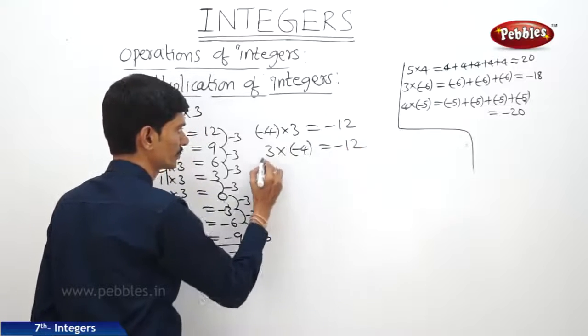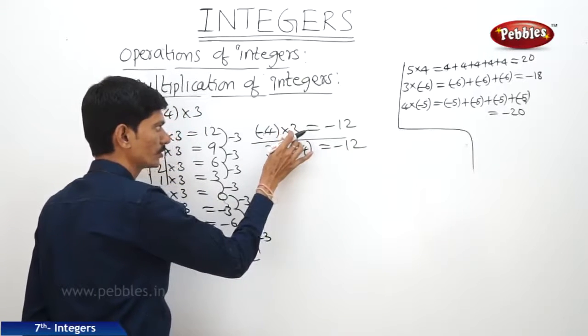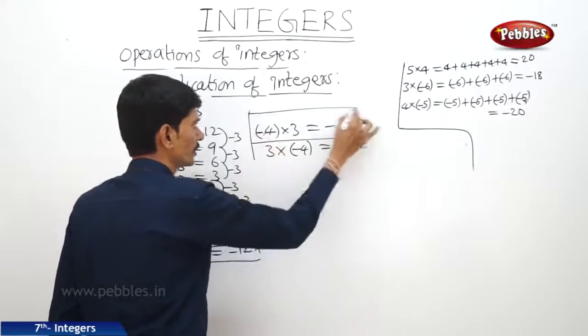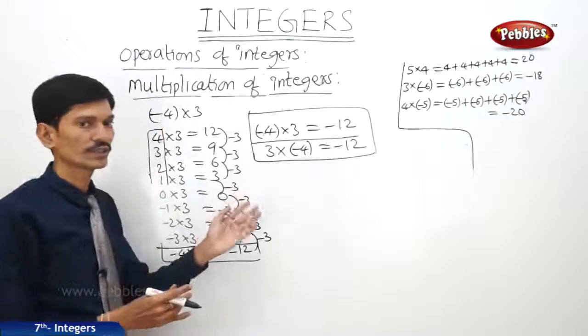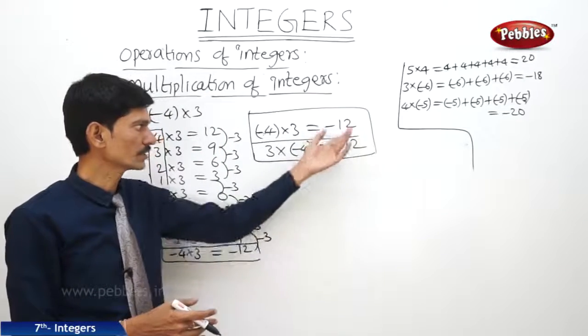So we can write that the product of a negative integer and a positive integer is always a negative integer. When a positive integer is multiplied by a negative integer, or a negative integer is multiplied by a positive integer, the product is always a negative integer.